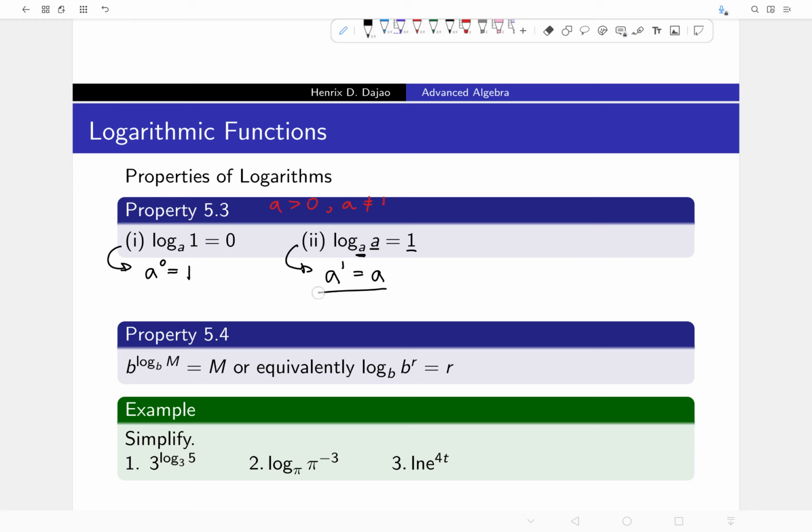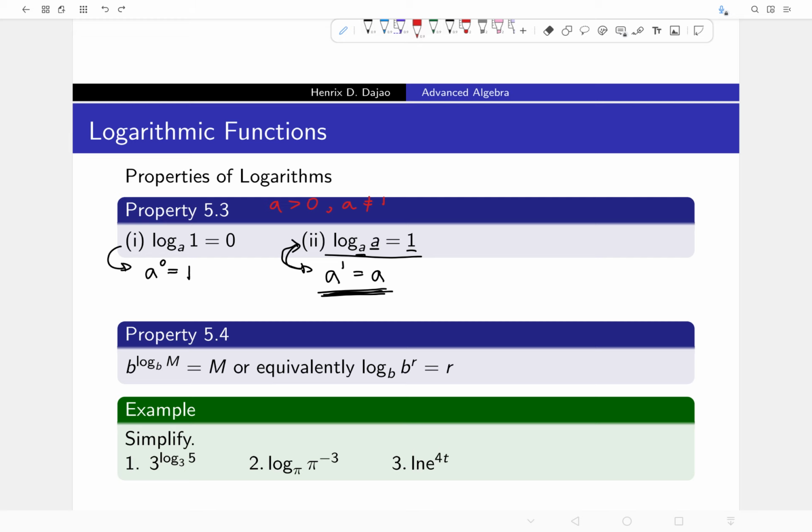So indeed this is true, right? Because a raised to 1 is equal to a. Since this is true, therefore this one is also true. So meaning the log of a with base a is equal to 1. Remember these equivalences, we will use them later on. Do not forget this one.